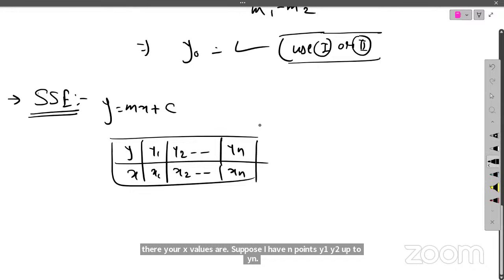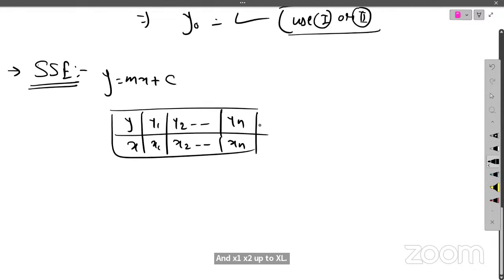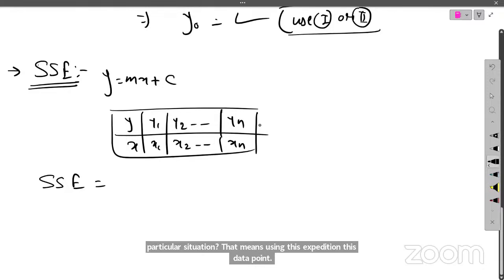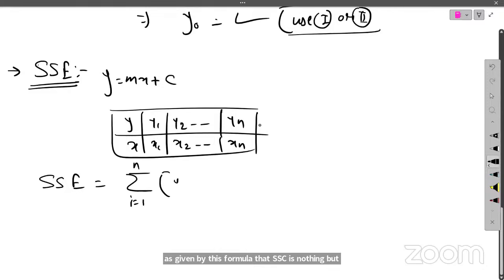Using this data, what is the SSC of this situation? That means using this expression, each data point is given by this formula. SSC is the summation over i ranging from 1 to n. We have to take yi minus m xi minus c, and then square it.